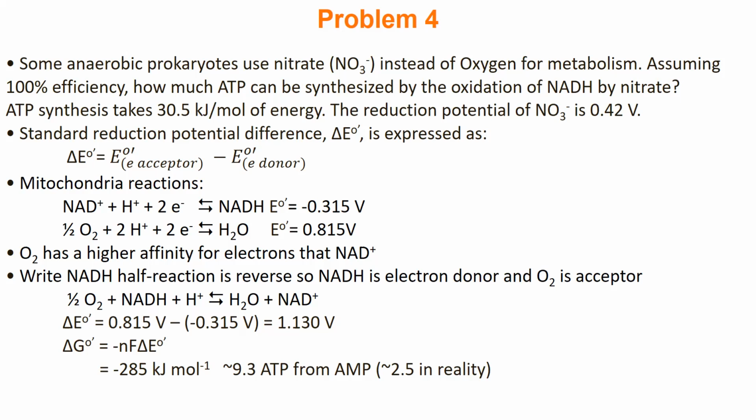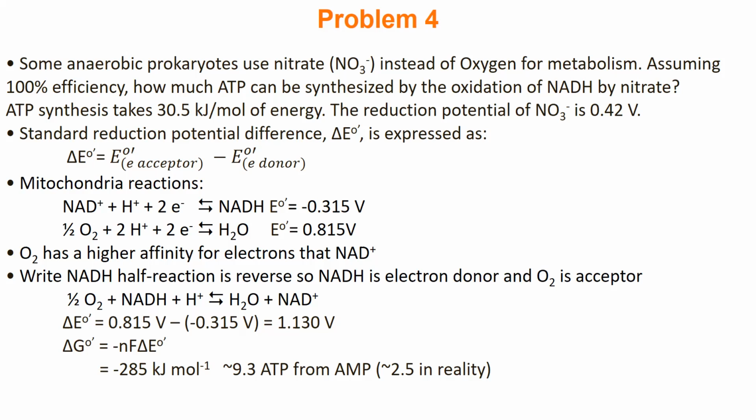How many ATP can you make by taking NADH and oxidizing it by nitrate? So the oxidation of NADH by nitrate. Keep in mind that to create 1 ATP, you need 30.5 kilojoules of energy, while the reduction potential of NO3 is 0.42.